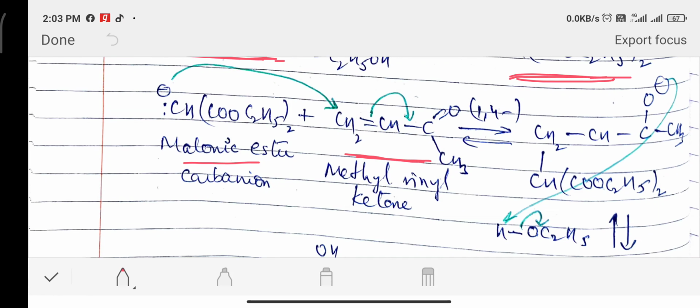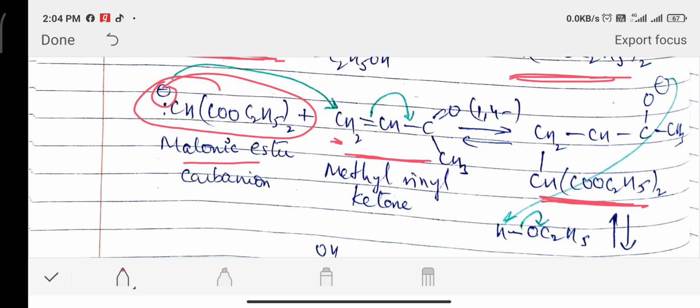This is methyl vinyl ketone, and in this the addition that takes place is 1,4 addition. That is, first the carbanion's negative charge attaches to this carbon, and these electrons move to this CH2, and this whole group is attached.